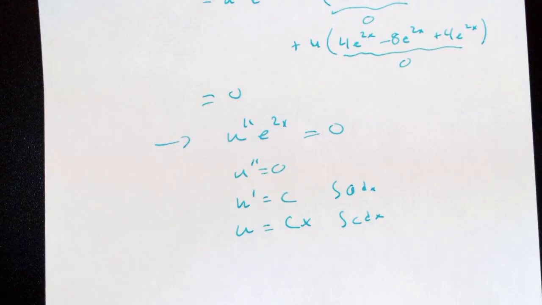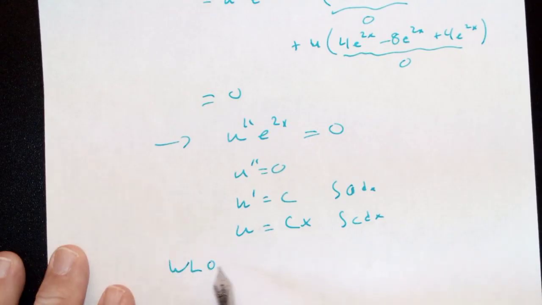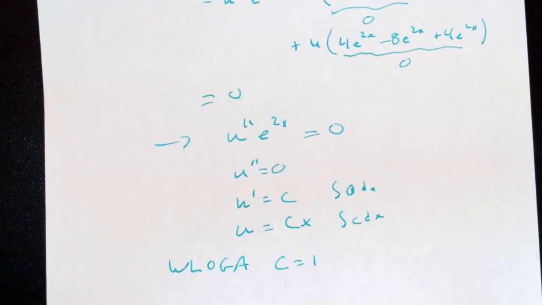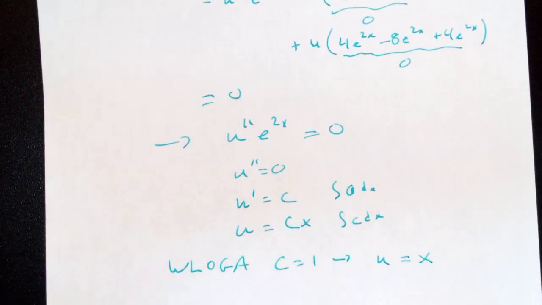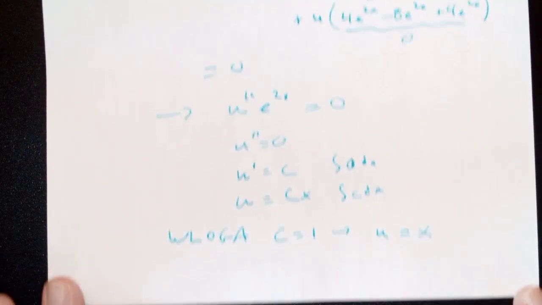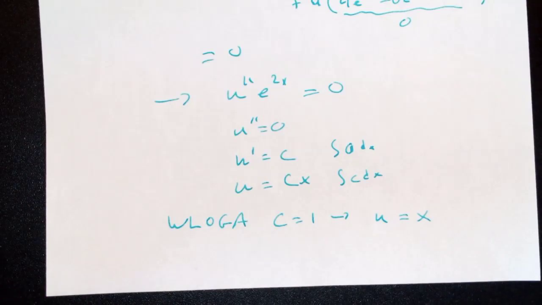Wait a minute. There's no reason for me to pick any particular constant. I might as well just let it be 1. Without loss of generality, assume the constant is 1. Then u is just x. Wait a minute. Where was I using u?